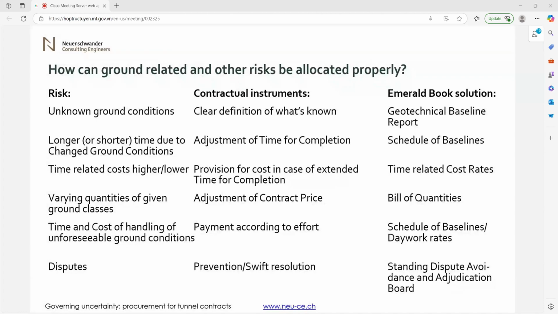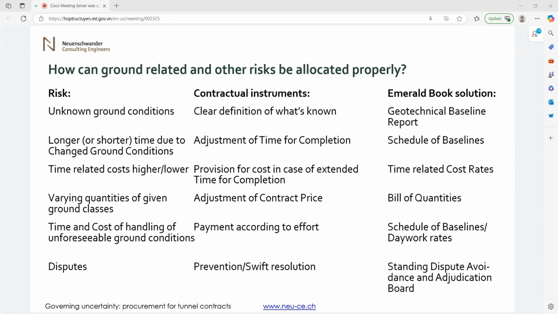But if we do have a mechanism, which has been contractually specified, that allows us to provide for correct payment according to the effort, we don't need to claim, and where there's no claim, there's no dispute.